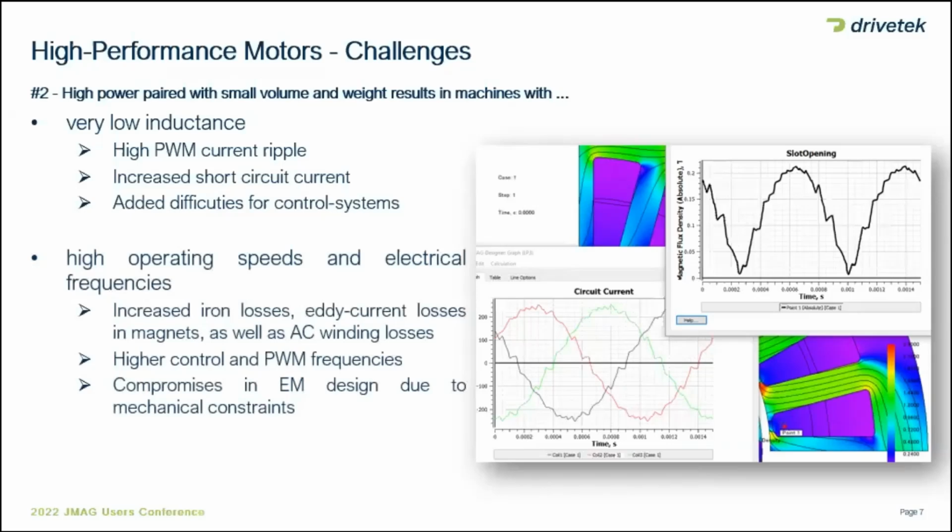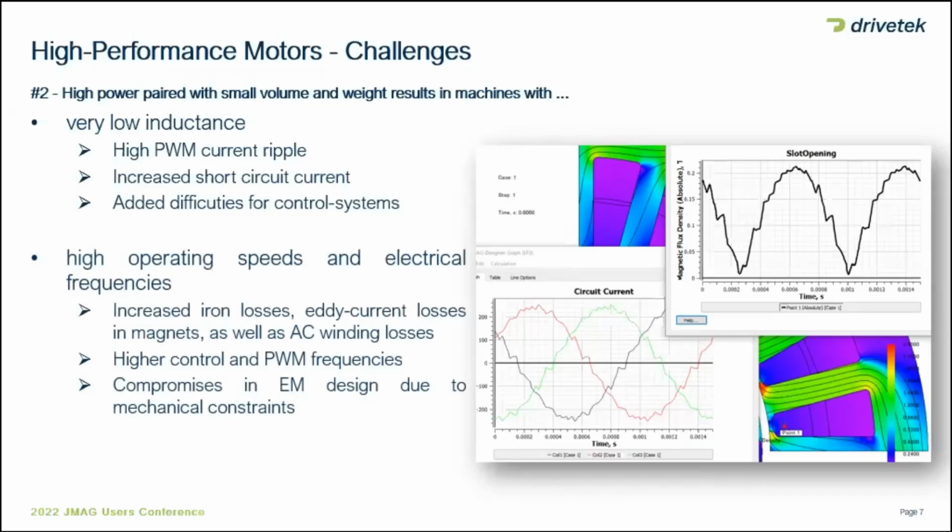Also, if you want to reduce size and weight of the machine, this usually results in a machine with very high operating speeds, meaning increased iron losses, eddy current losses, and AC winding effects. We need higher PWM frequencies, of course, to be able to control the currents in the machine and the speeds.